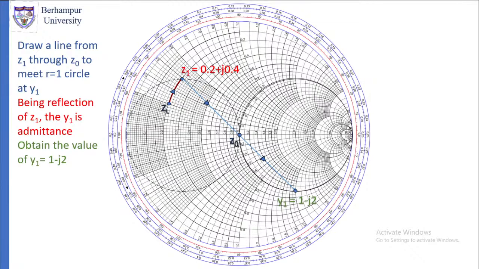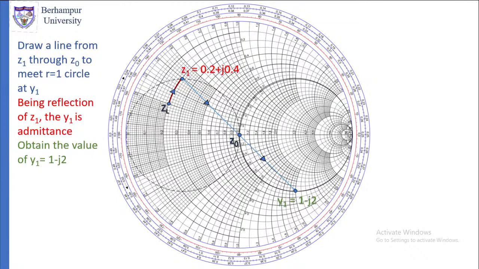So wherever it meets the R equal to 1 circle, at that point find out what Y1 is. Y1 is equal to 1 plus j2 as we have done in the previous case.